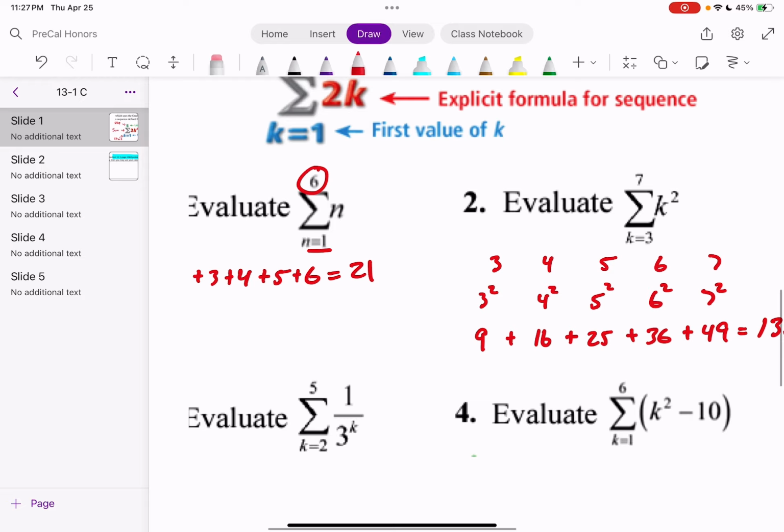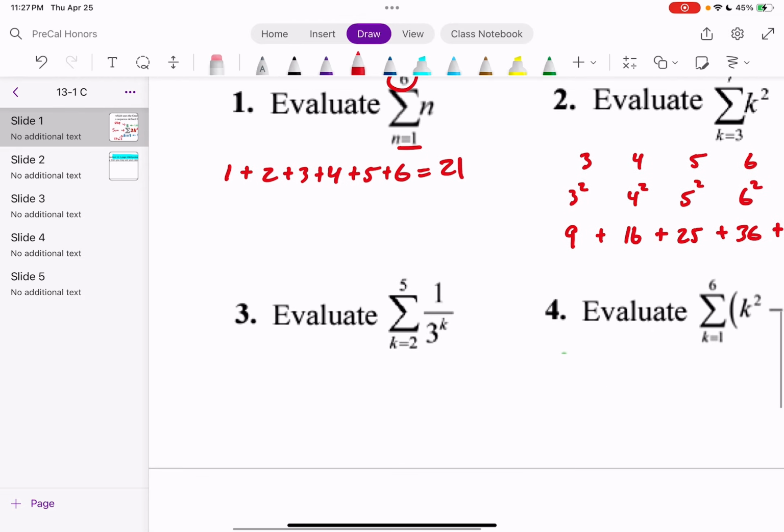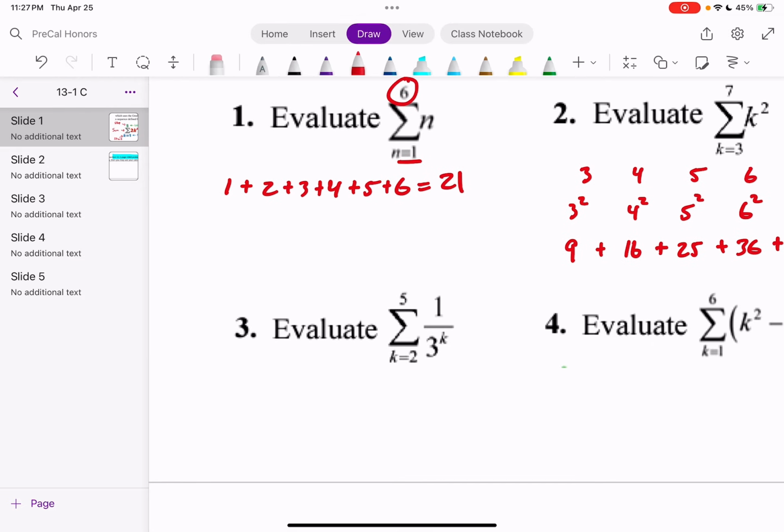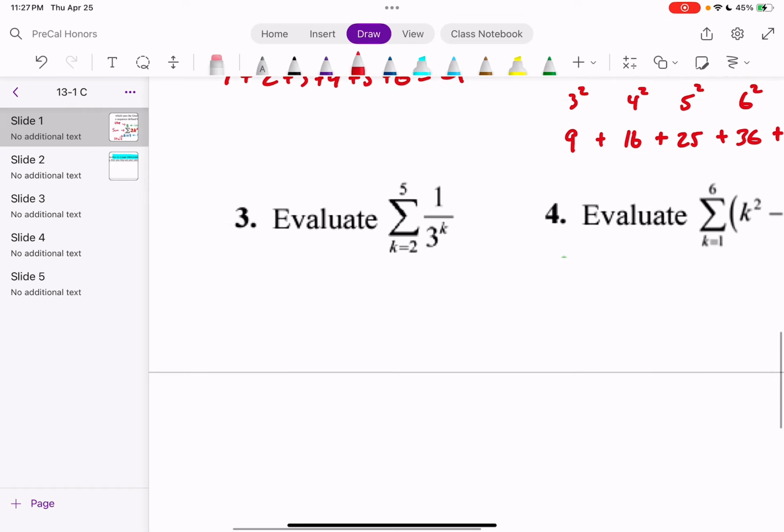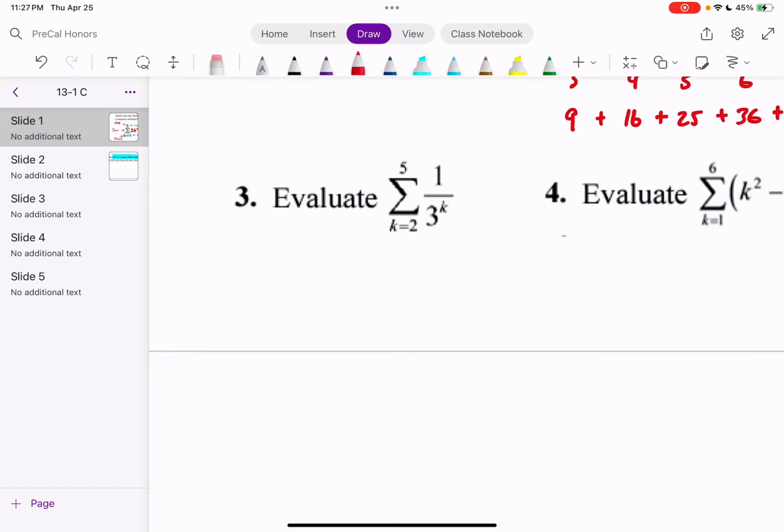Let's take a look at example 3. In example 3, we are taking a look at the sum from 2 to 5, and our equation is 1 over 3 to the k power.